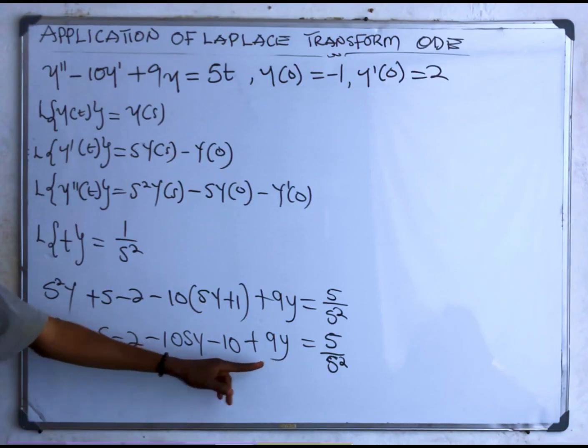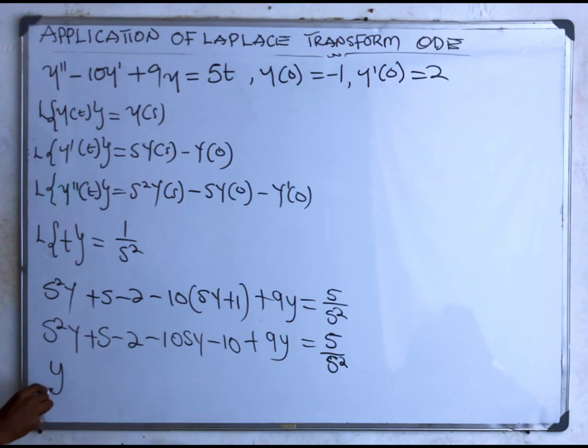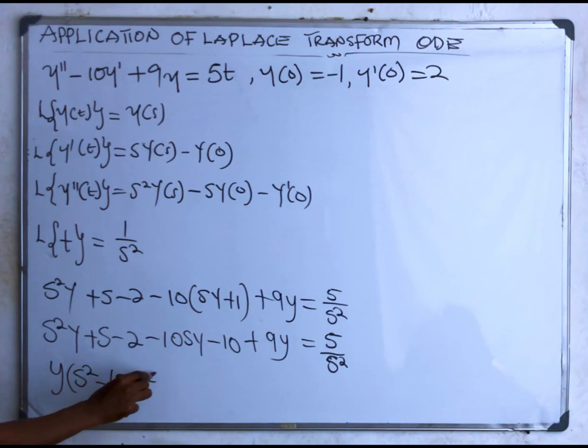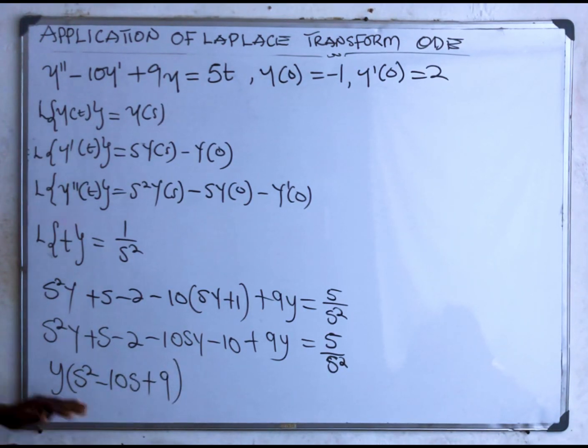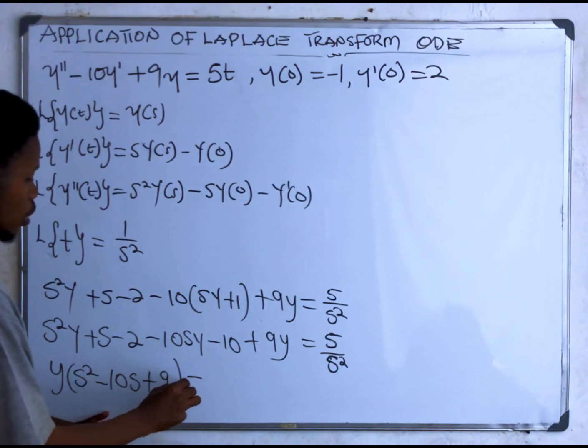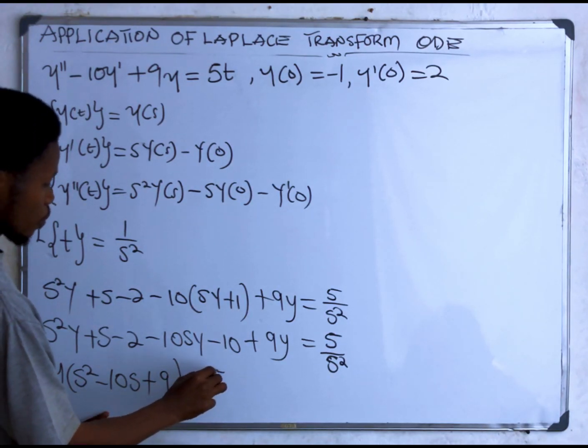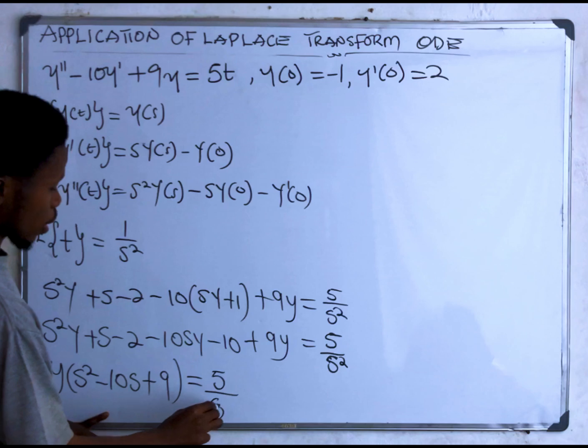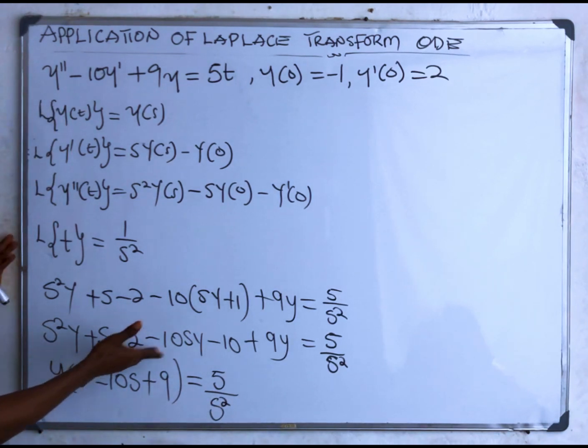This and that have y, so I can factorize y out. Together I'm going to have s squared minus 10s plus 9, and this equals 5 over s squared. Now I'm going to send everything here to that side.